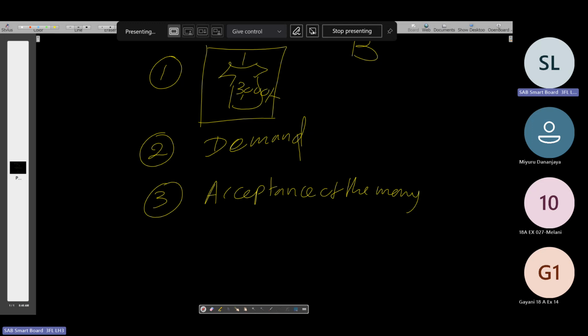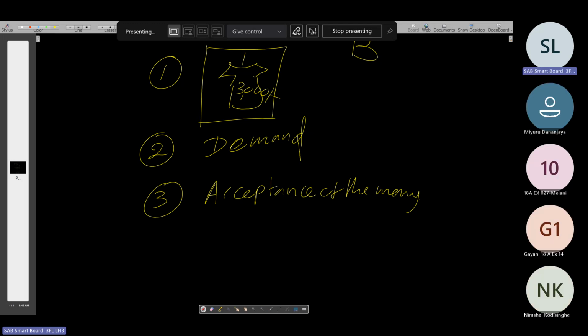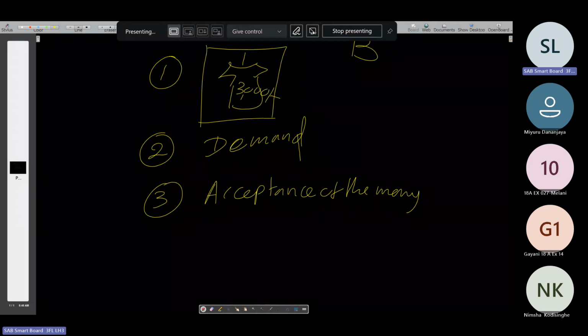It means the shopkeeper agrees to sell the shirt for 3,000 rupees. So there is a meeting of two minds, both parties agree to sell and buy this item for this consideration. That is the contract. Once the money is accepted by the shopkeeper, a valid contract is formed between A and B.